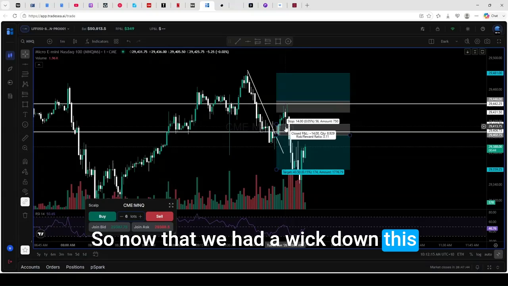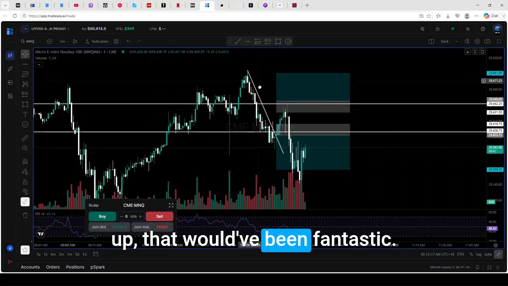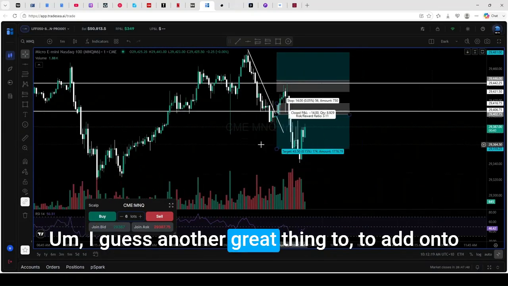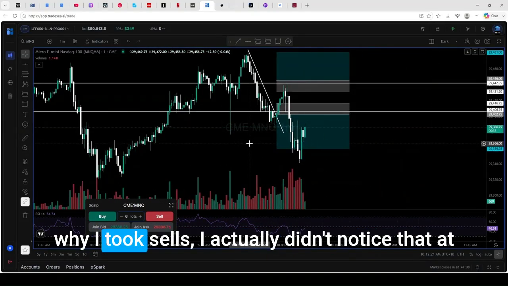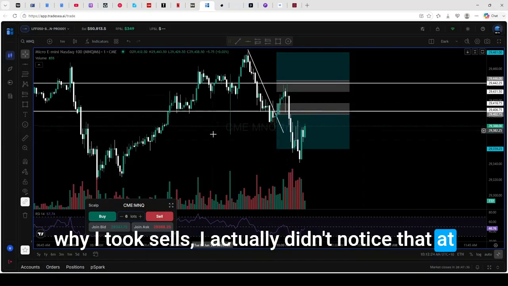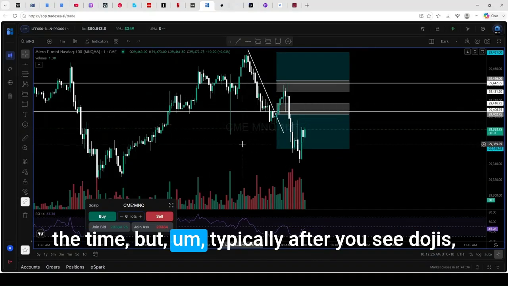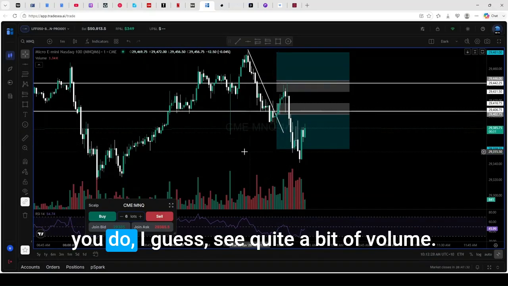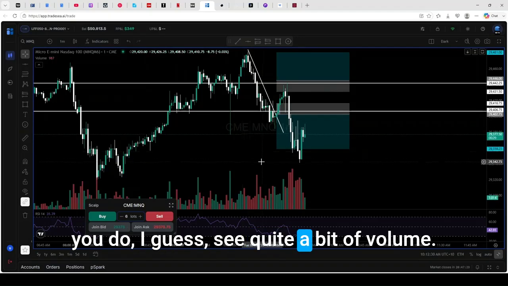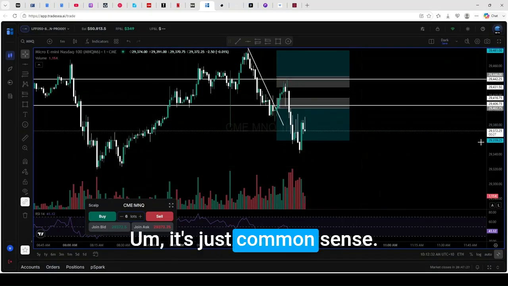So now that we had a wick down on this candle, if we would have pushed back up, that would have been fantastic. Another great thing to add on to why I took sells, which I actually didn't notice at the time, is that typically after you see dojis, you do see quite a bit of volume. It's just common sense.